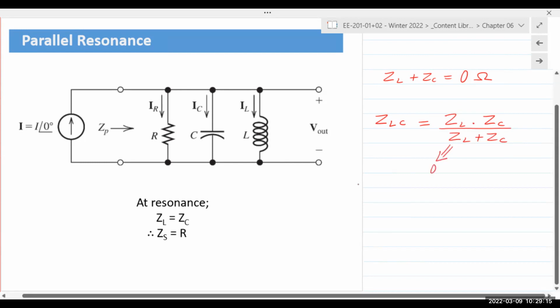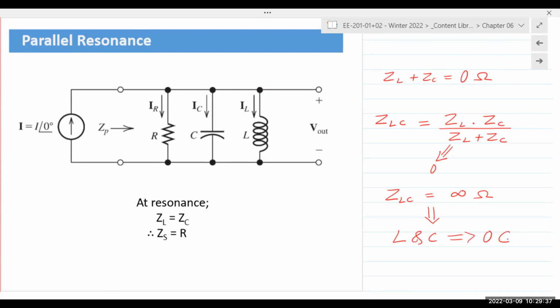If ZL plus ZC is 0, what can we say about ZLC? Infinite. It goes to infinity. If it's infinity, then the combination of the inductor and the capacitor is effectively behaving like an open circuit. It may as well not be present or part of the circuit.